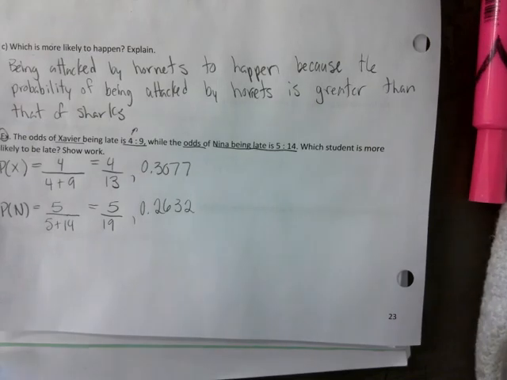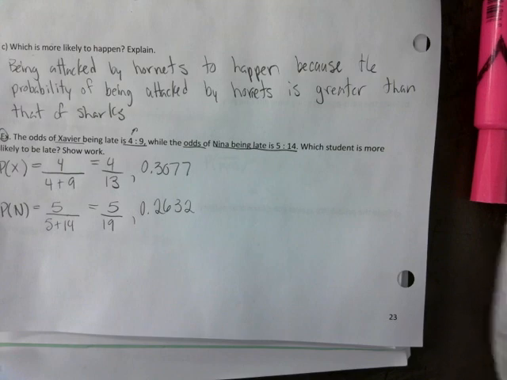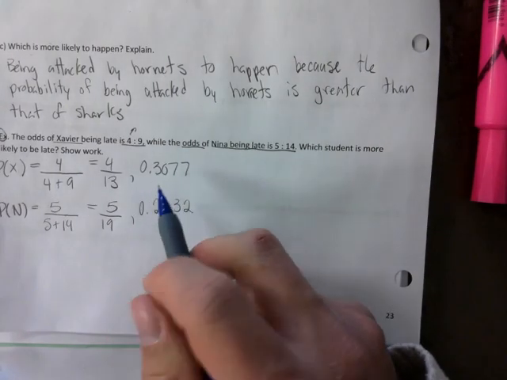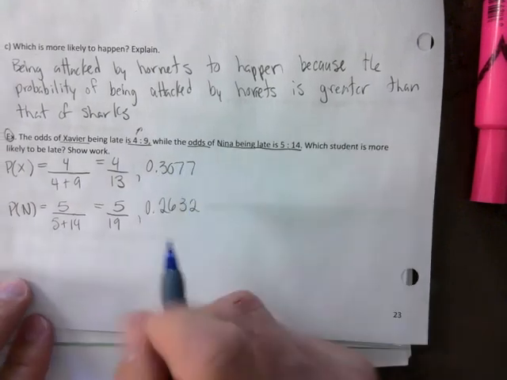So who's more likely to be late, based on these probabilities? Which student is more likely to be late? Xavier. And why?